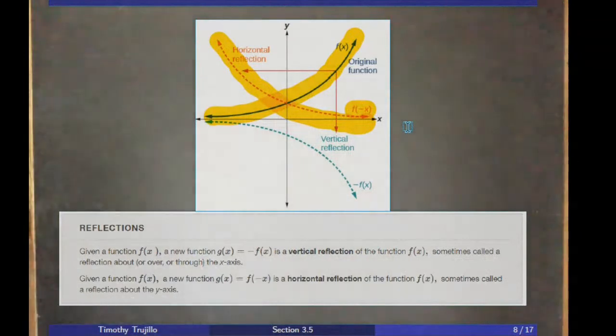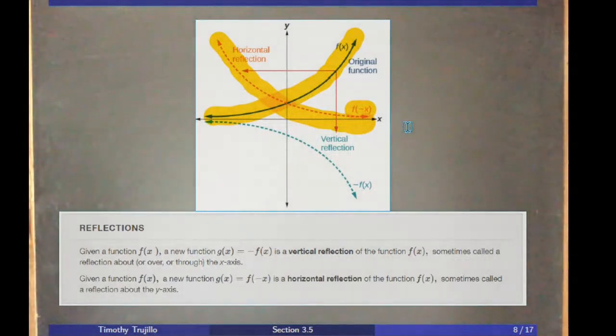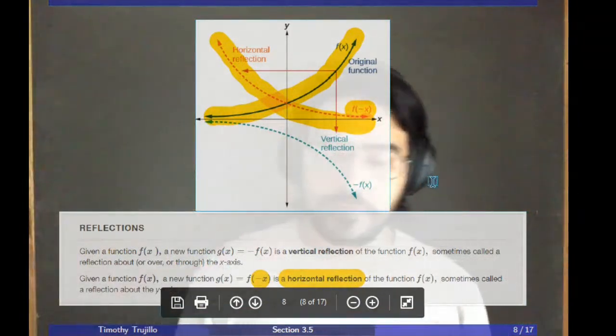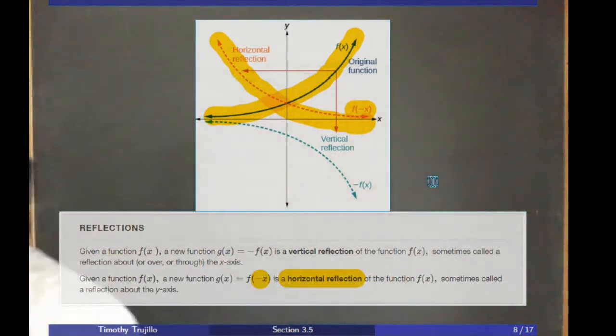The same distance away, just reflected across that y-axis. Okay, so that's what's going on with a horizontal reflection. So you just replace the x with negative x. And it's like a composition, right? We're just composing it there with negative x. Everywhere you see an x, we replace it with negative x.